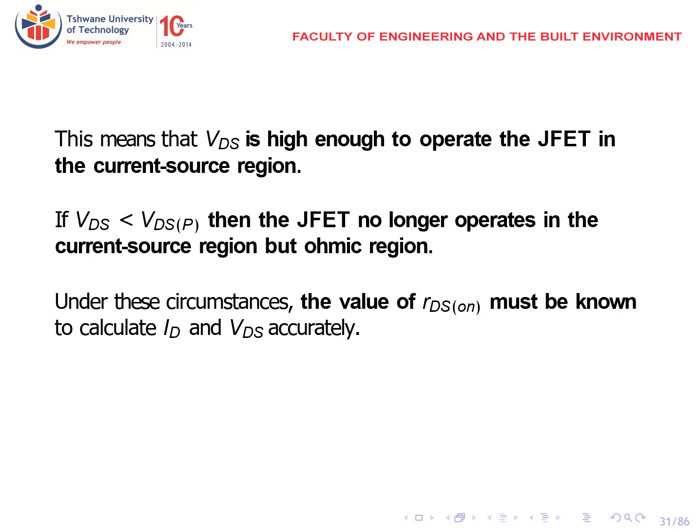This means that VDS is high enough to operate the JFET in the current source region. If VDS is less than VDSP, then the JFET no longer operates in the current source region but in the ohmic region. Under these circumstances, the value of RDS on must be known to calculate ID and VGS accurately.